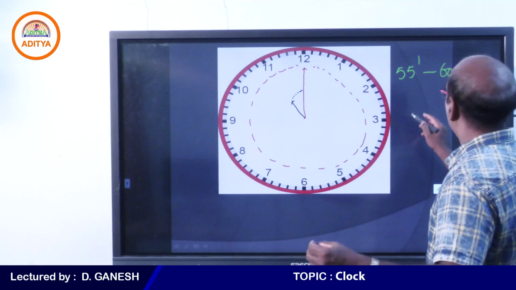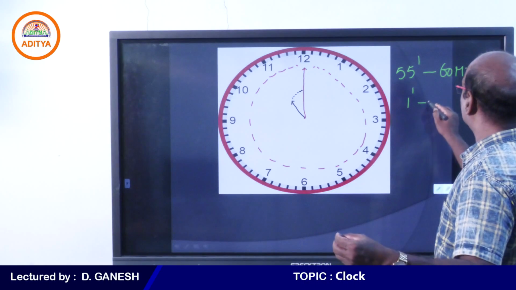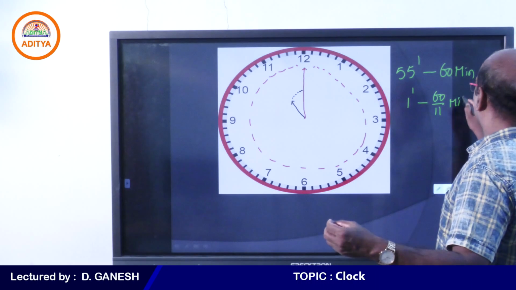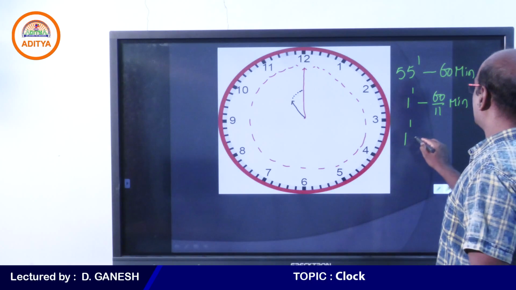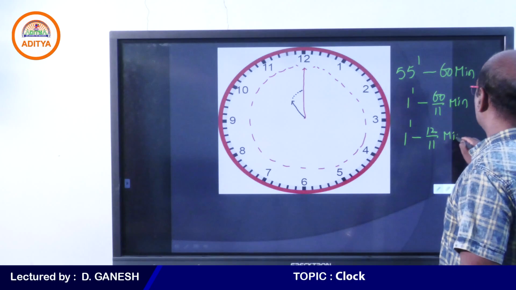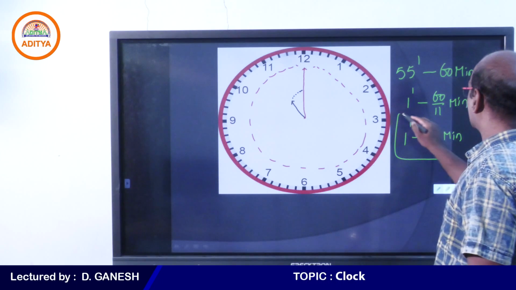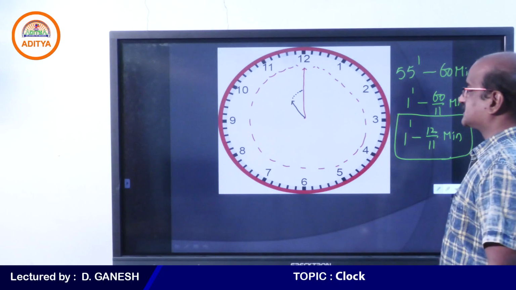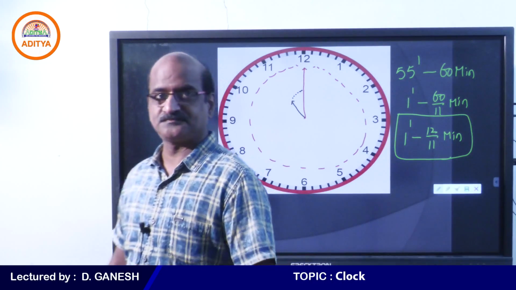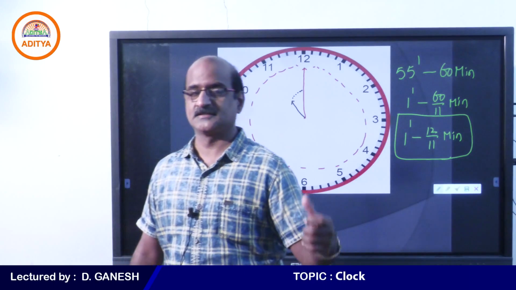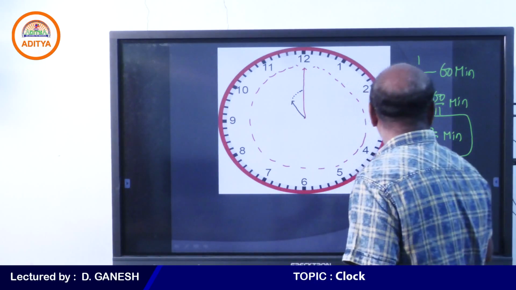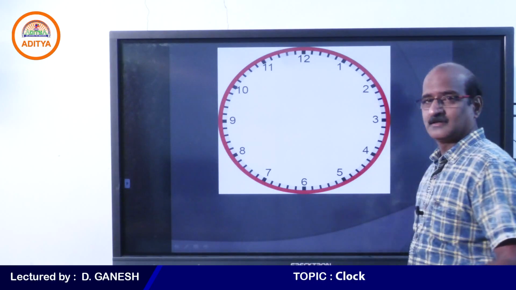And hence, for every 1 division, it takes about 12 by 11 minutes. So the entire concept depends on this particular situation. This is the significance of clock. Right, my dear students? Now we conclude this topic.